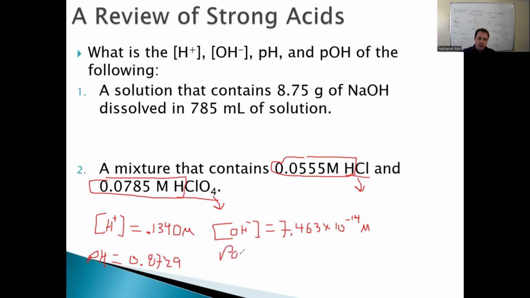And then the pOH, take the negative log of the hydroxide, negative log of 7.463 times 10 to the negative 14th. That would be a pOH of 13.1271.